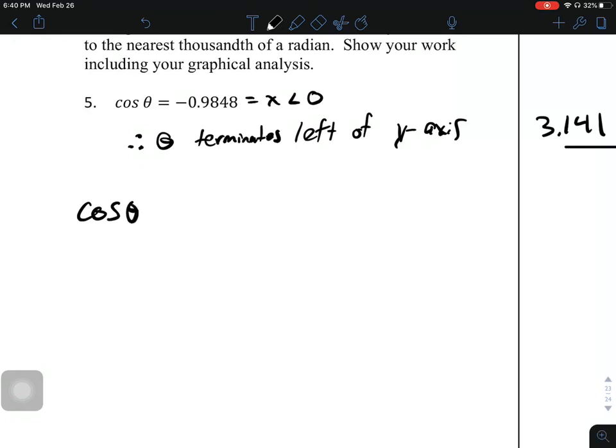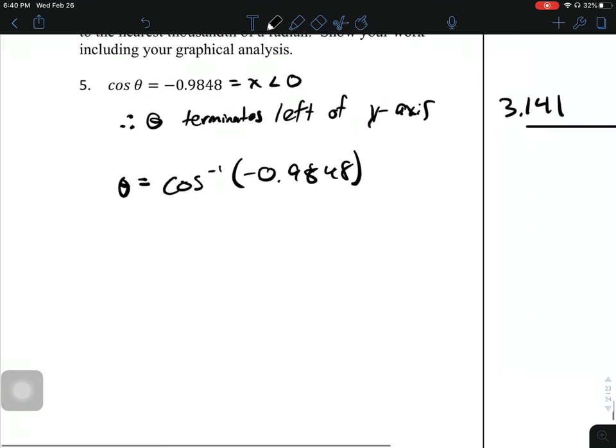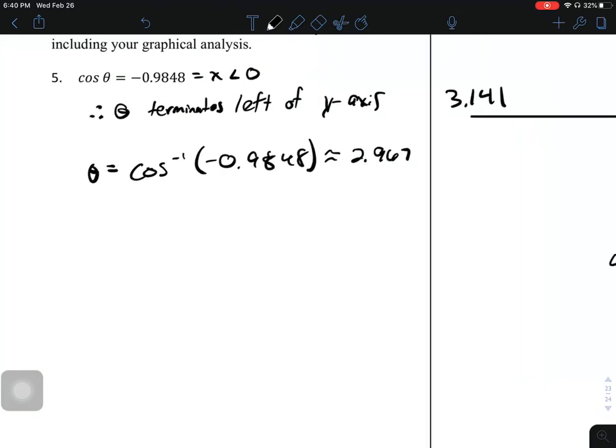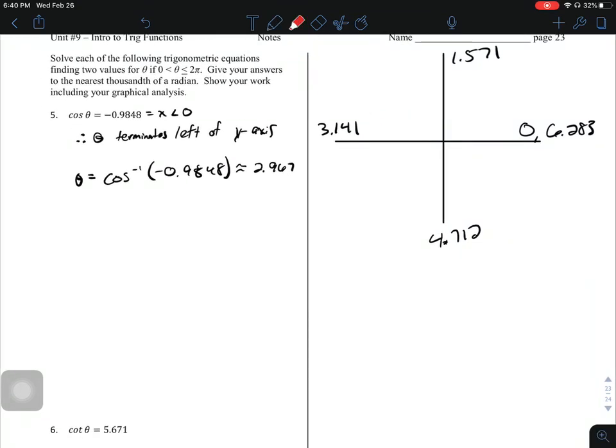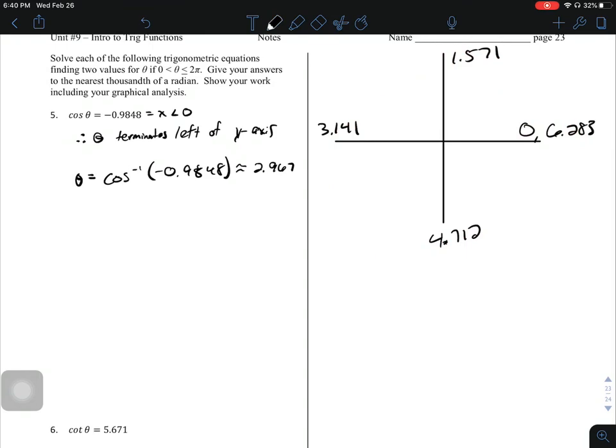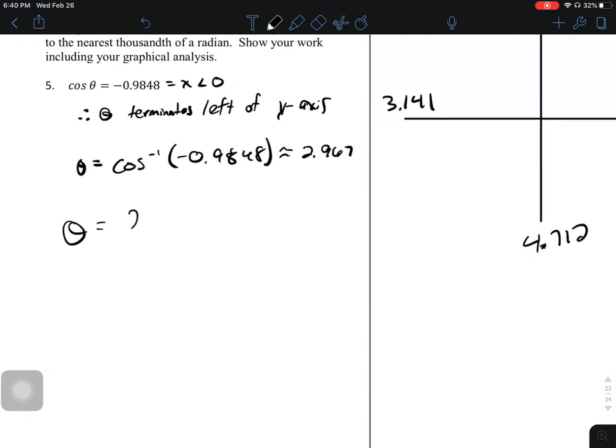So theta is going to be cosine inverse of negative 0.9848. If you put that in your calculator, you're going to get 2.967. Is that between 0 and 2 pi? Sure is. So one of our answers is 2.967.